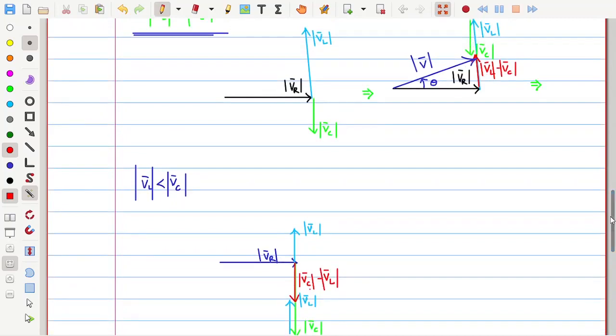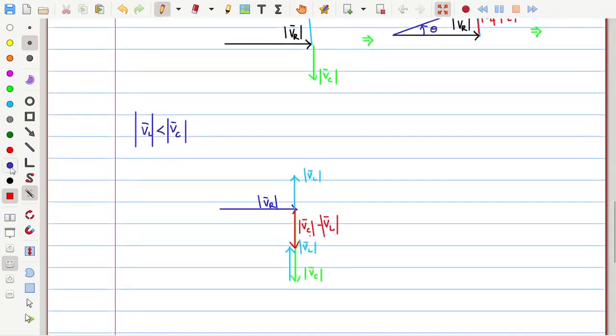Clear? So next, VR plus VC minus VL, all these additions give the total voltage across this RLC combination, which is equal to the V bar magnitude. And here in this case we get the angle as negative, which is equal to minus theta.